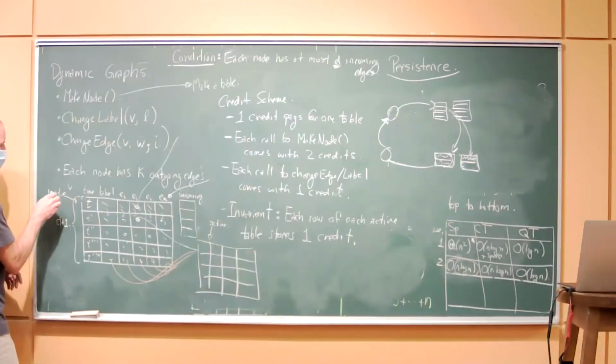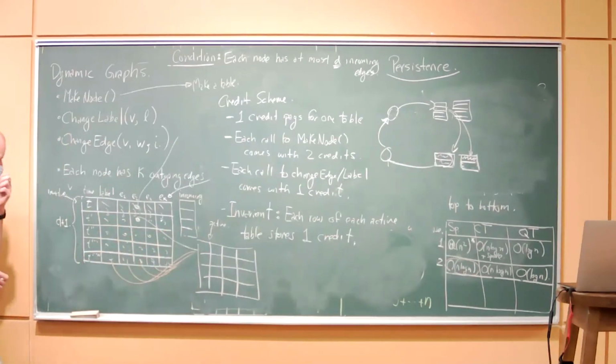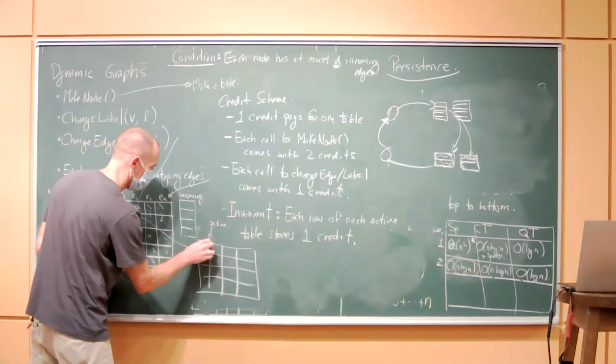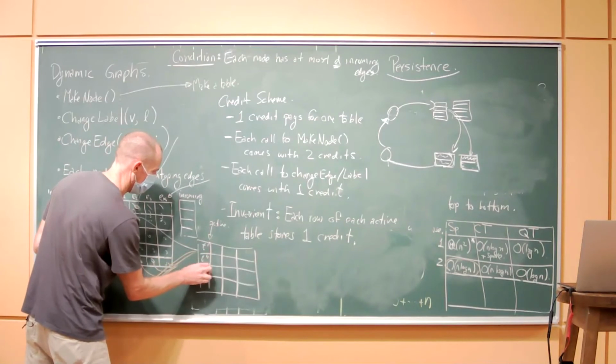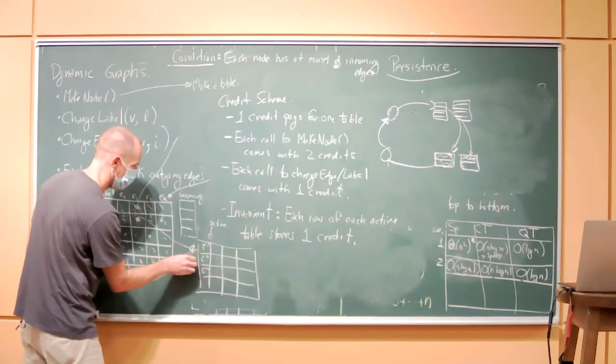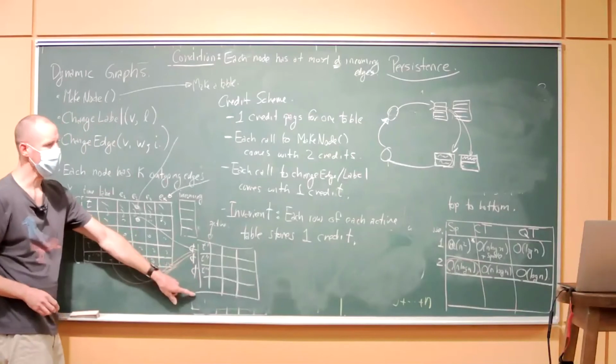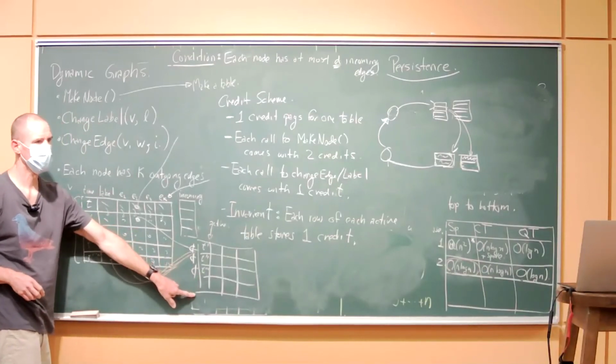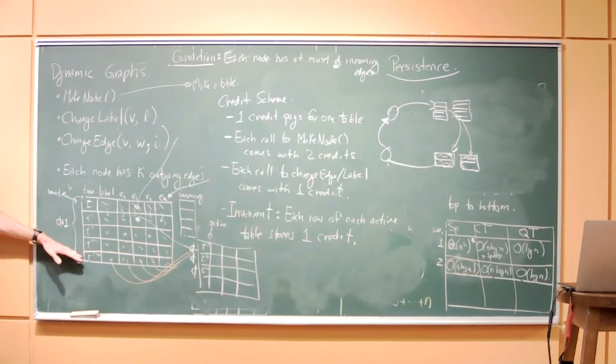Okay. So these active tables, if there's this many rows filled in, then I should have the same number of credits stored alongside that table. The inactive tables, I don't guarantee anything. They're done. They don't store anything.